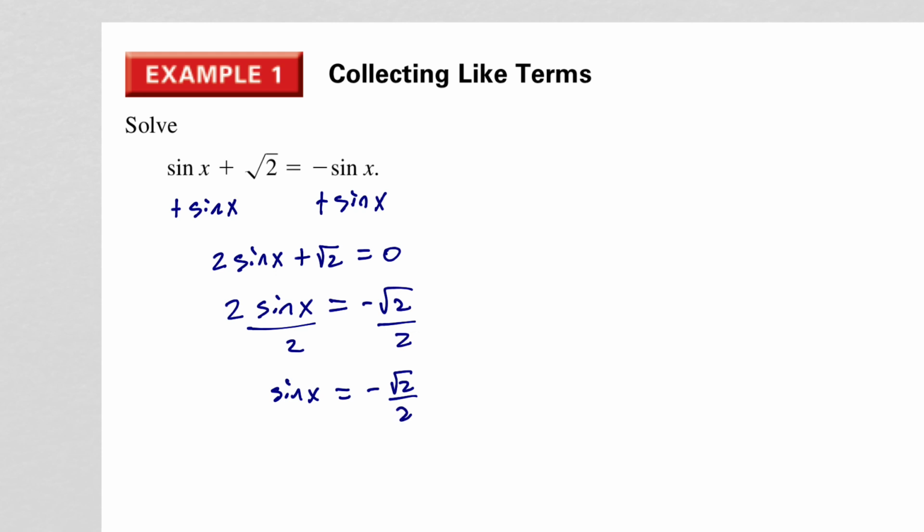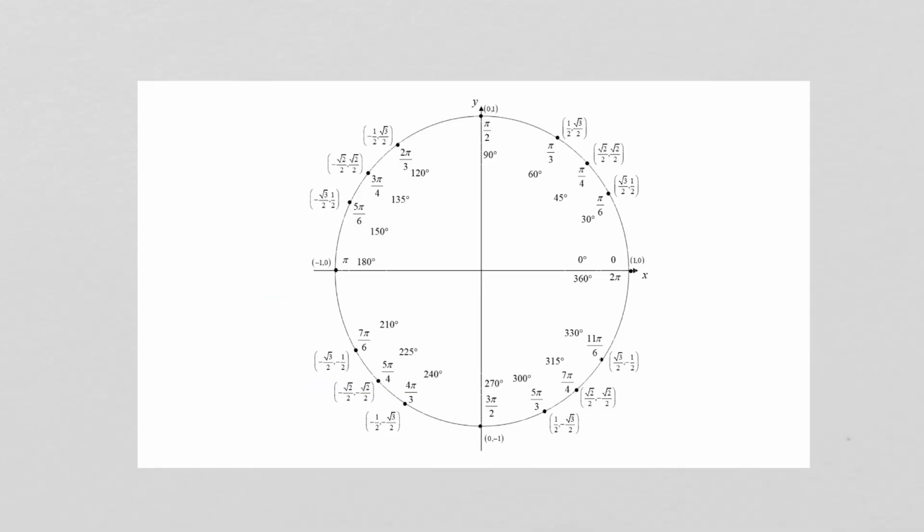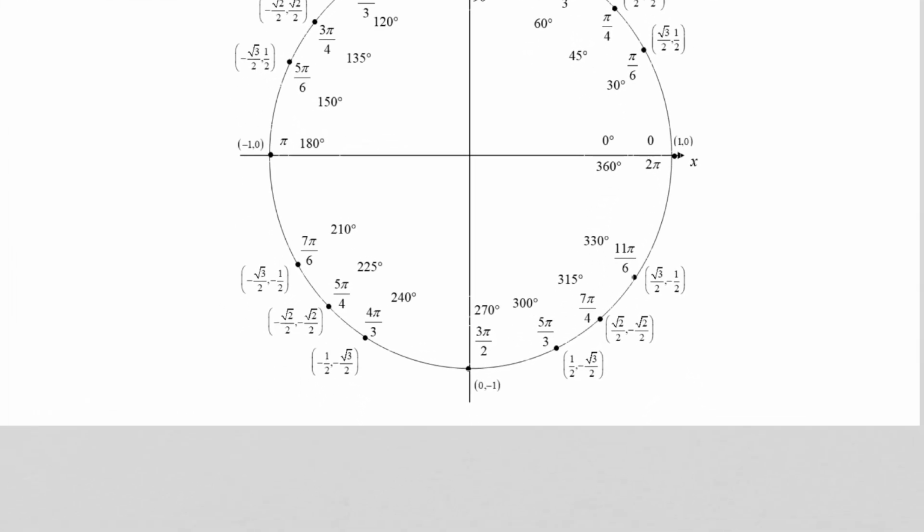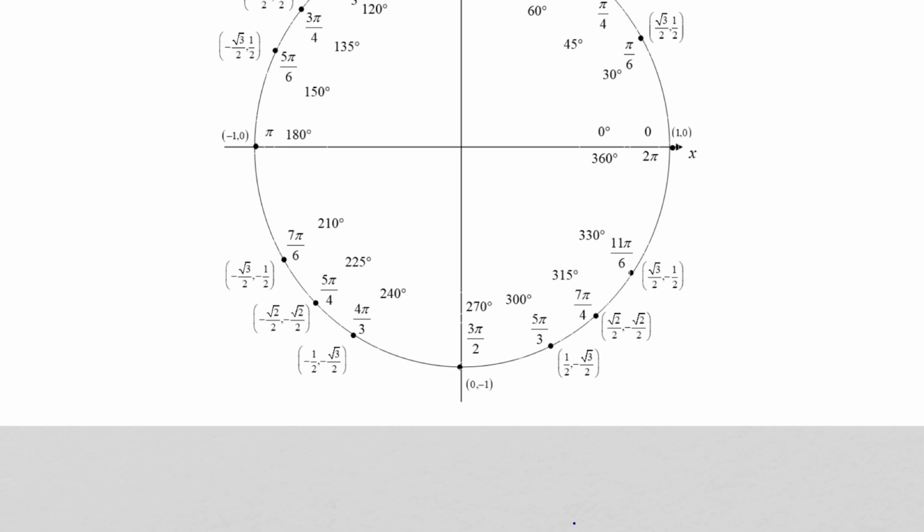Right, so this is where we're going to go to our unit circle to find our initial solutions. So I'm looking for where sine is negative root 2 over 2. So we're going to remember that the sine is the y-coordinate on our unit circle here. So when sine is negative, that means the y-coordinate needs to be negative. So it has to be in quadrant 3 or 4. I can see right here at 5 pi over 4, sine is negative root 2 over 2.